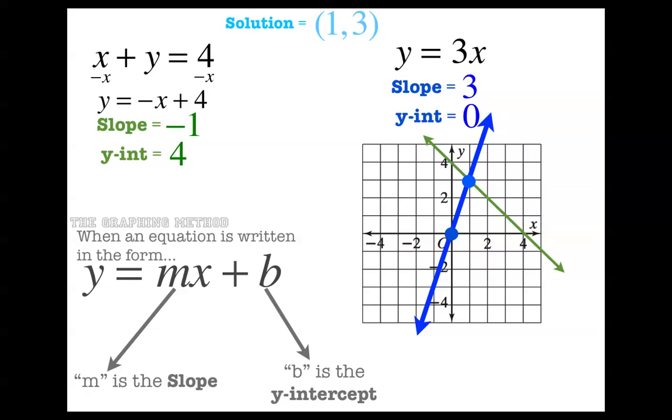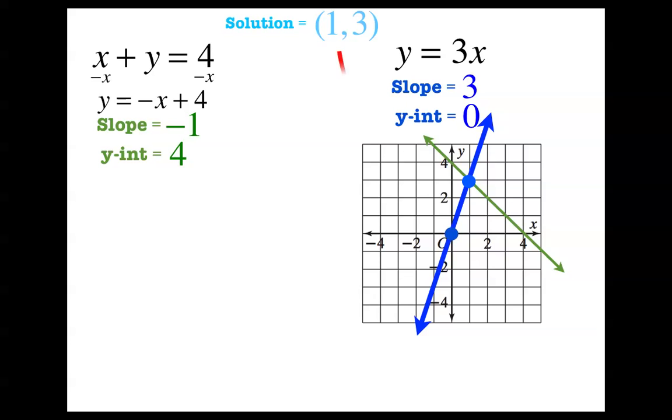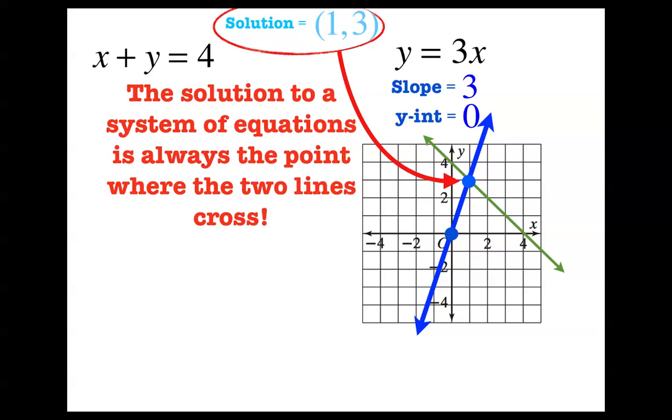Now what you can see is that these 2 lines intersect each other at a certain point. Right there. And hey, that happens to be the exact point that gave us the solution in the very beginning. So what I want you to learn here is that the solution to a system of equations is always the point where the 2 lines cross.